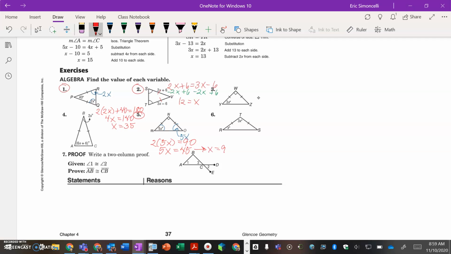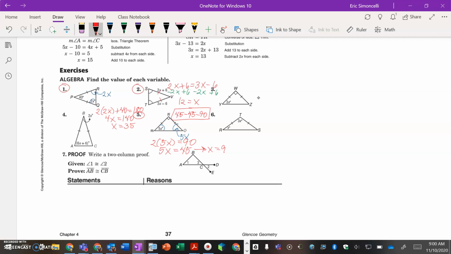Please pay attention to this type of problem, however, because as it turns out, this is not only an isosceles triangle, it's also something called a 45, 45, 90. A 45, 45, 90 right triangle will always have those values of the angles, given that it has two legs congruent. It has to be true.